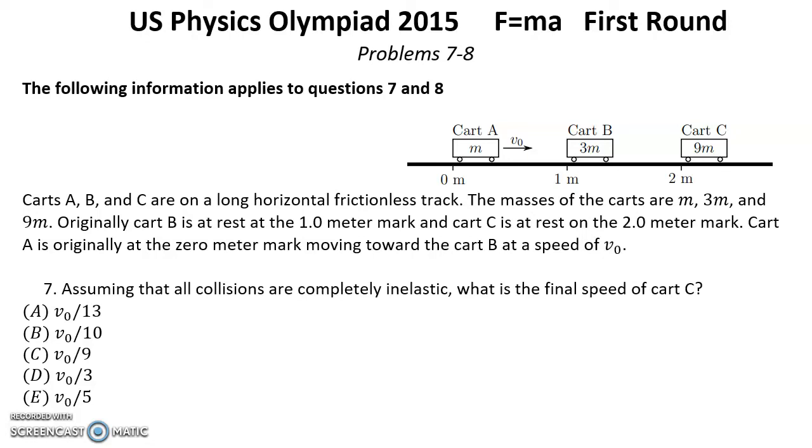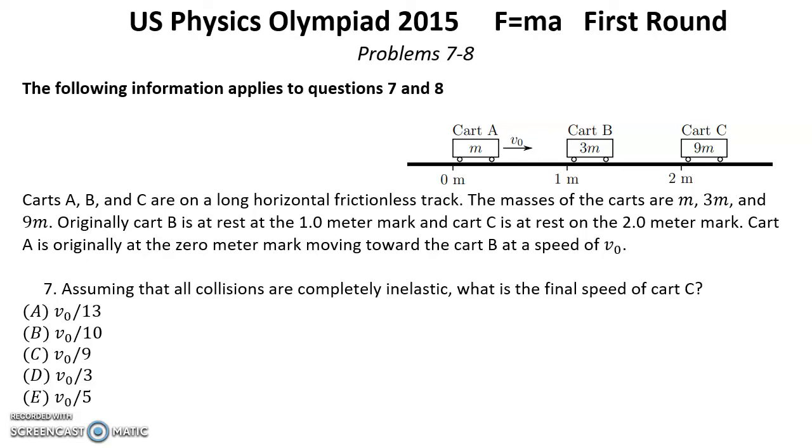Originally cart B is at rest at the 1 meter mark and cart C is at rest at the 2 meters mark. Cart A is originally at the 0 meter mark, moving toward cart B at a speed of v0. Question 7. Assuming that all collisions are completely inelastic, what is the final speed of cart C?